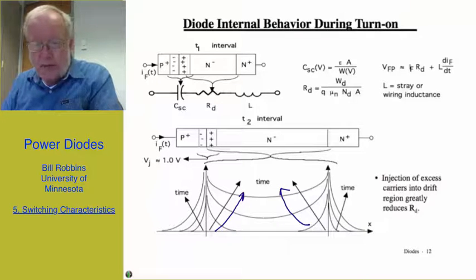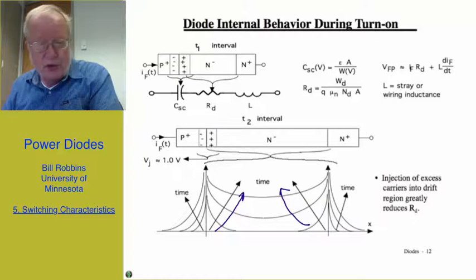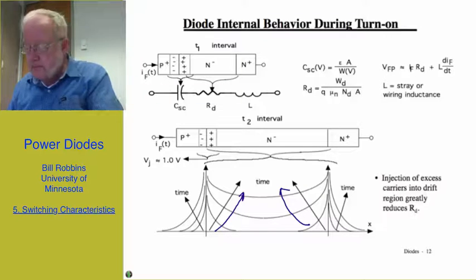After the time interval t2, we have a steady state and fairly flat distribution, and we've reduced that resistance by several orders of magnitude, so that the on-state current times the effective on-state resistance now gives us the 2 or 3 volt drop across the drift region that we anticipate.